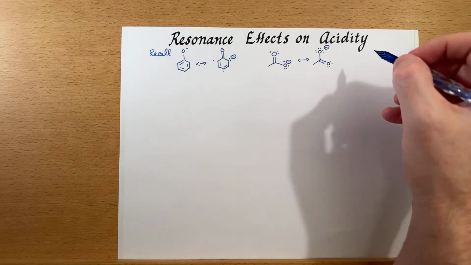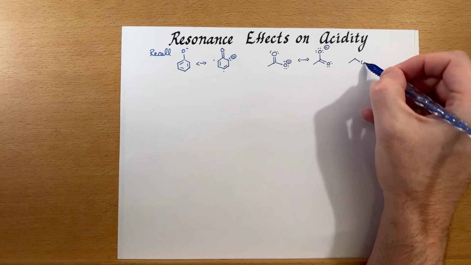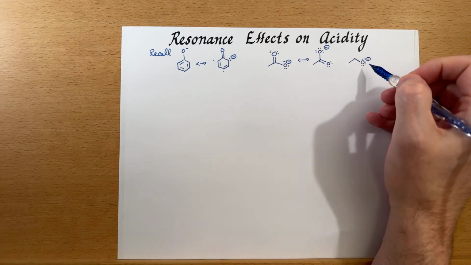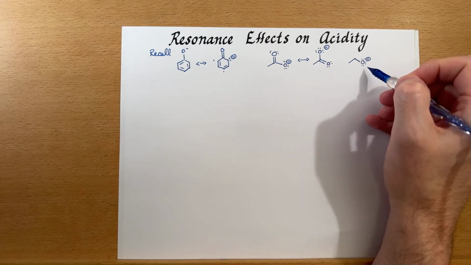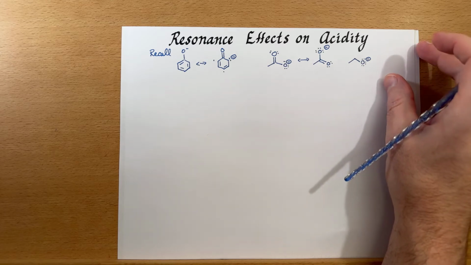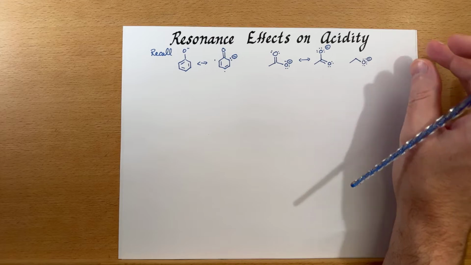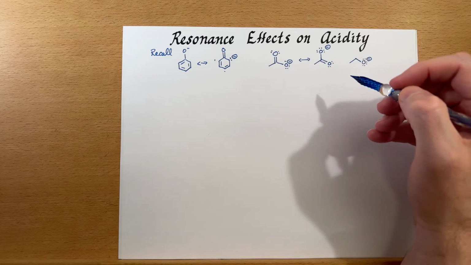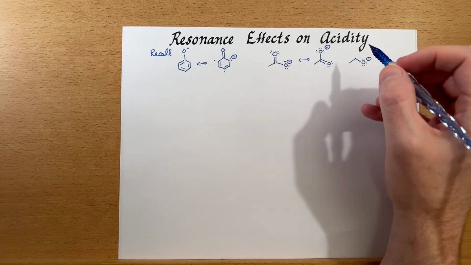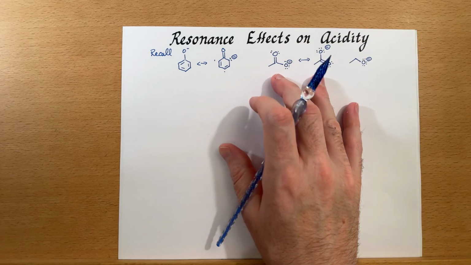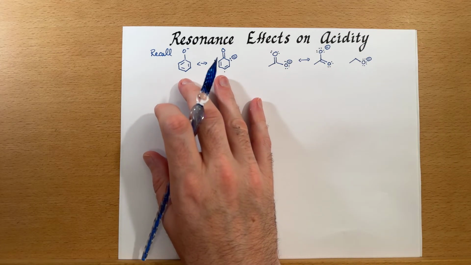Let's compare that to an alkoxide, which just has one oxygen atom on it. This does not have resonance structures, therefore it is less stable. And so the conjugate acid of this, ethanol, is a lot less acidic than a carboxylic acid or a phenol.